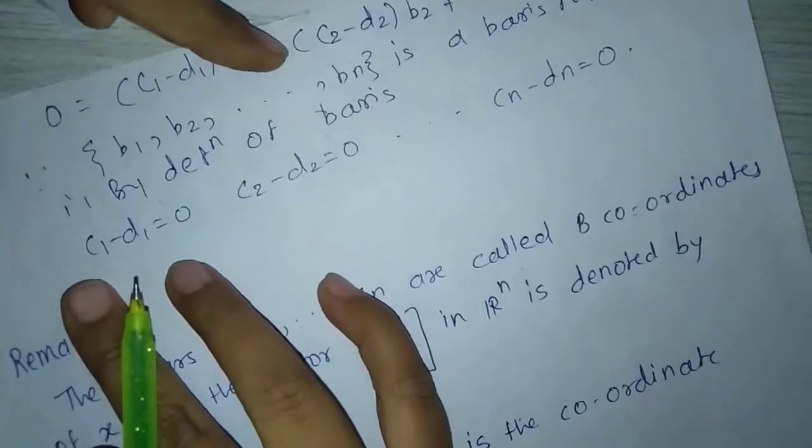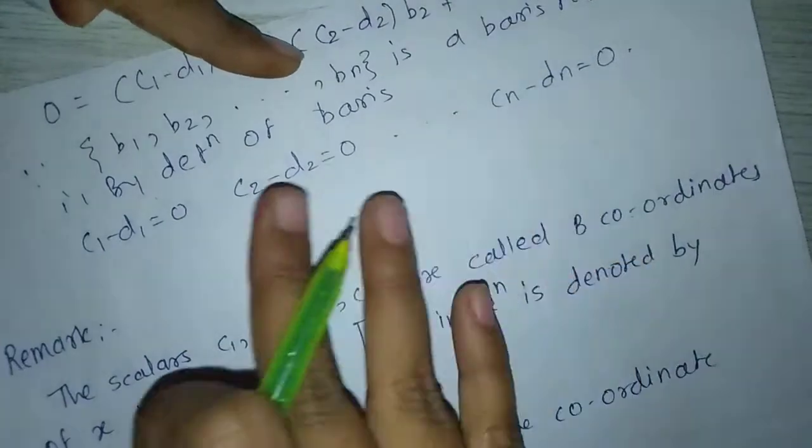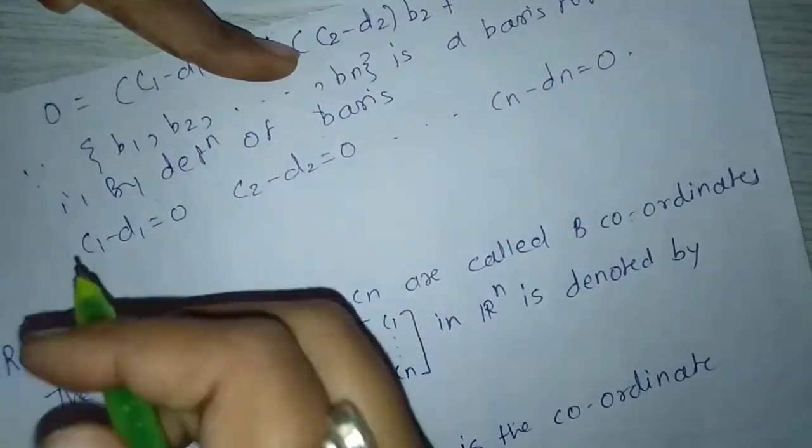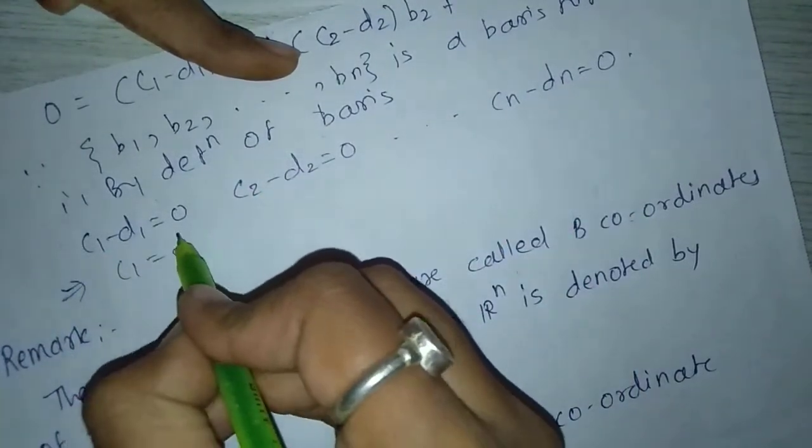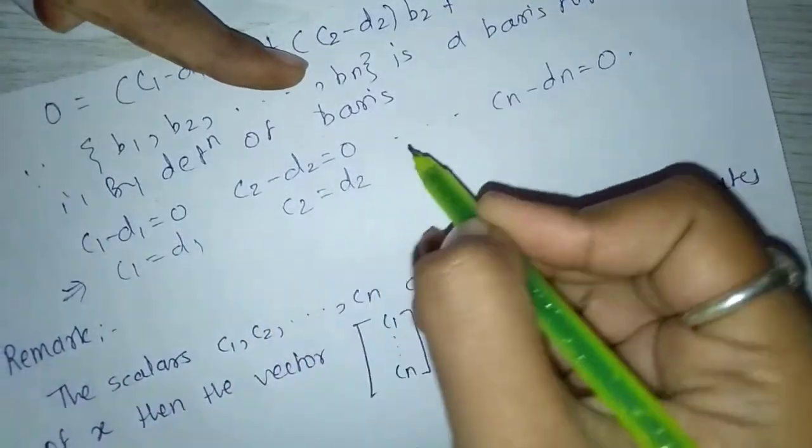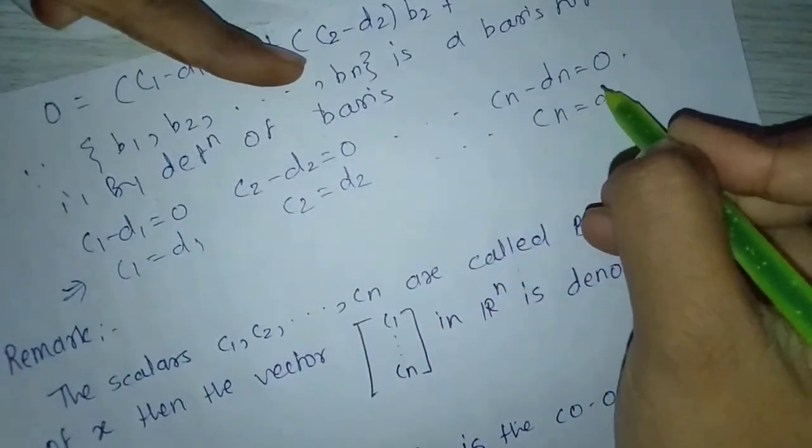So for linear independence, C1 minus D1 equals 0 and so on Cn minus Dn equals 0, which implies C1 equals D1, C2 equals D2 and so on Cn equals Dn.